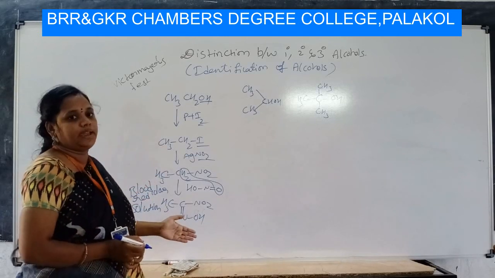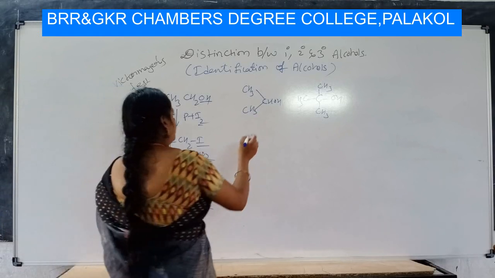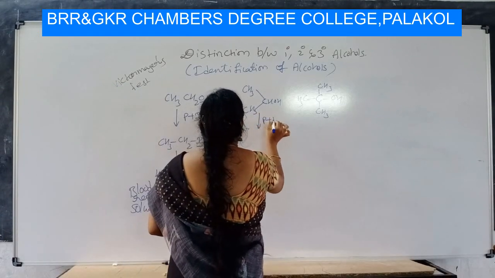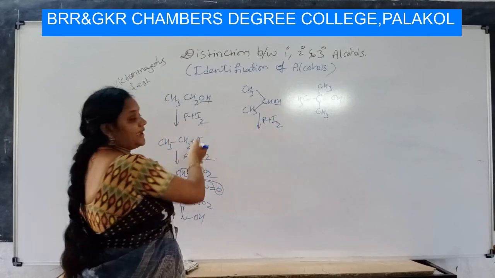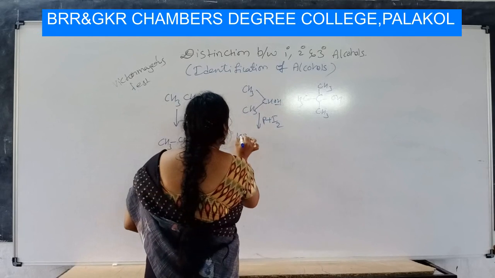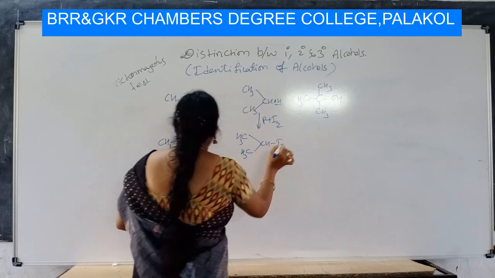In the same way, we have to repeat the test for secondary alcohols also. If you take phosphorus plus iodine, the OH group is replaced by iodine, so CH3CHI.